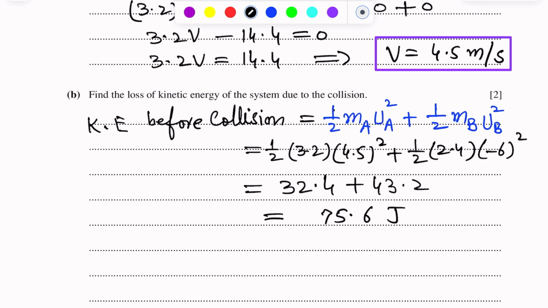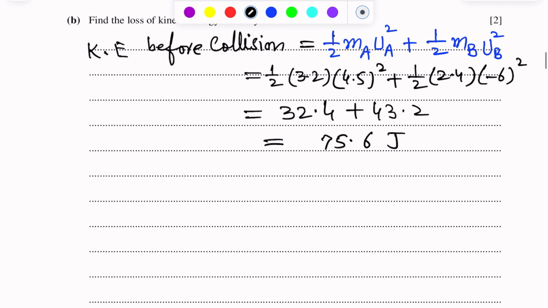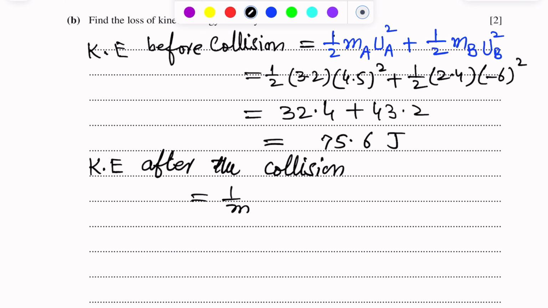Now we will find the kinetic energy after the collision. Kinetic energy after the collision is 1/2 MA VA square plus 1/2 MB VB square.